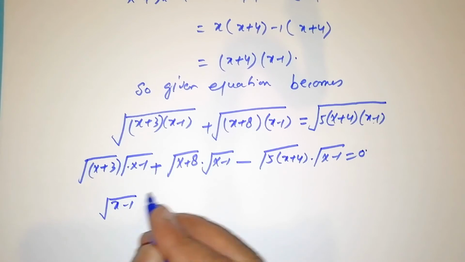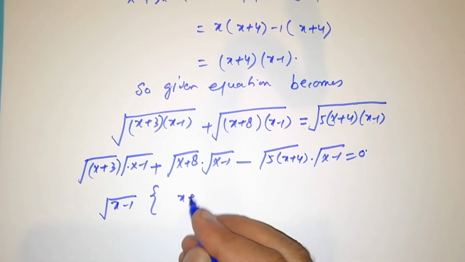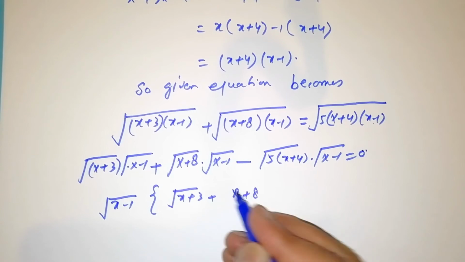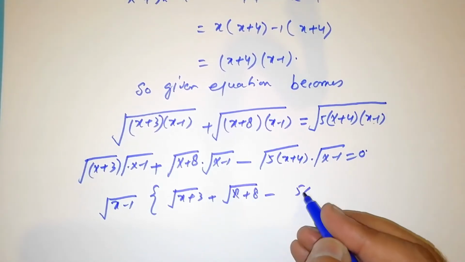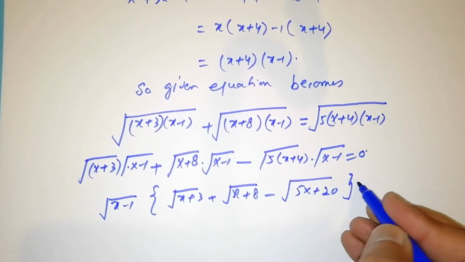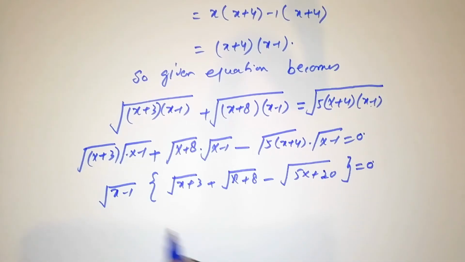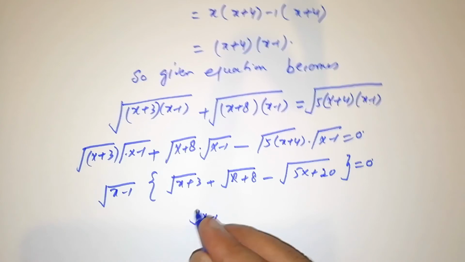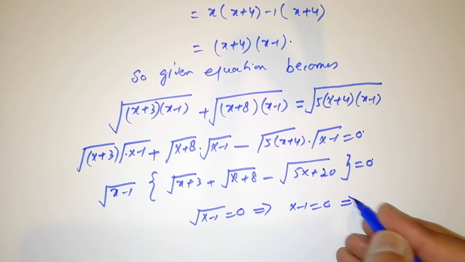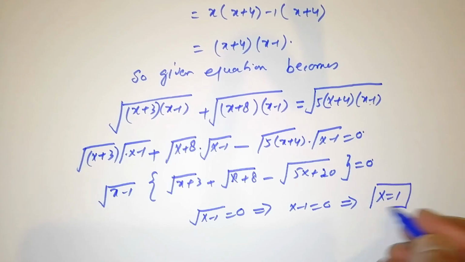From here take (x − 1) common, so we have (x − 1)[√(x + 3) + √(x + 8) − 5√(x + 4)] = 0. From here, because these are two terms, this term implies x − 1 = 0, which gives us x = 1.